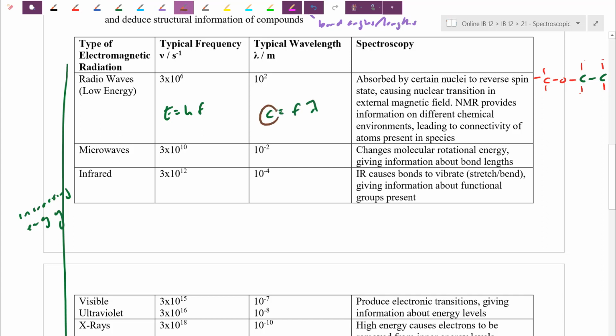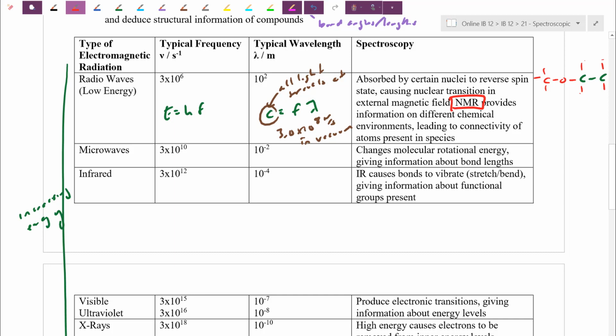All light travels at the speed of light, a constant 3.0 times 10 to the 8 meters per second. That assumes a vacuum; especially in physics, when it enters different media it could slow down, which can cause bending and whatnot. They're just giving you a feel of how we can utilize each form of radiation. This one here will be for NMR. We'll see this towards the end of this section.